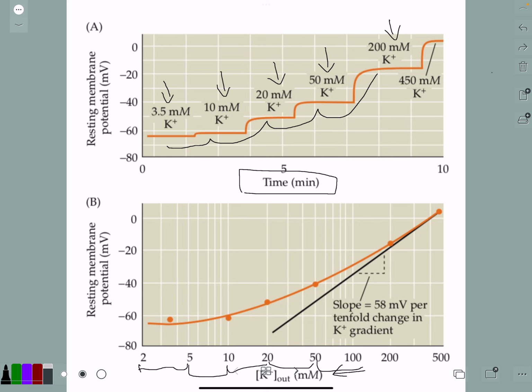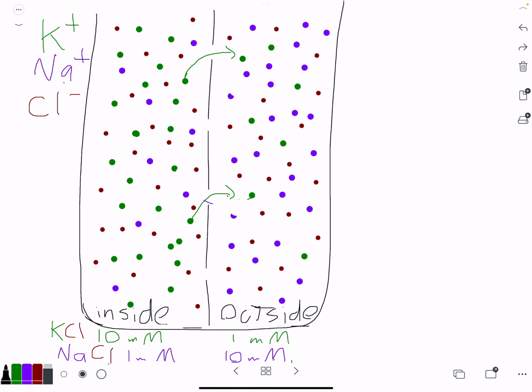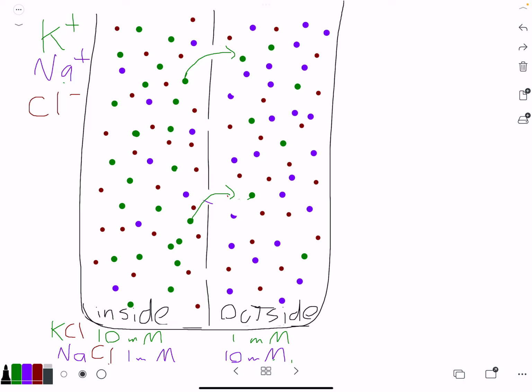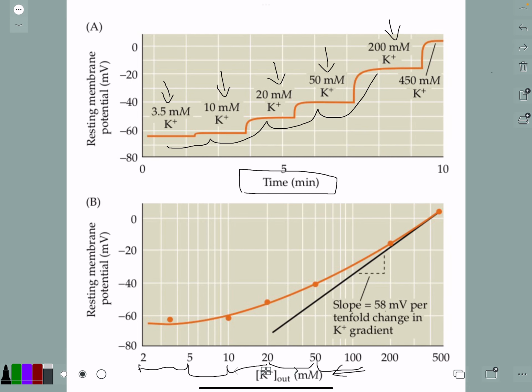And so as they increase the concentration on the outside, we see a curve here that approaches a straight linear line with a slope of 58. And that number should look familiar to you because it is the constant in our Goldman and Nernst equations, 58, which is what we would expect if potassium were driving this.